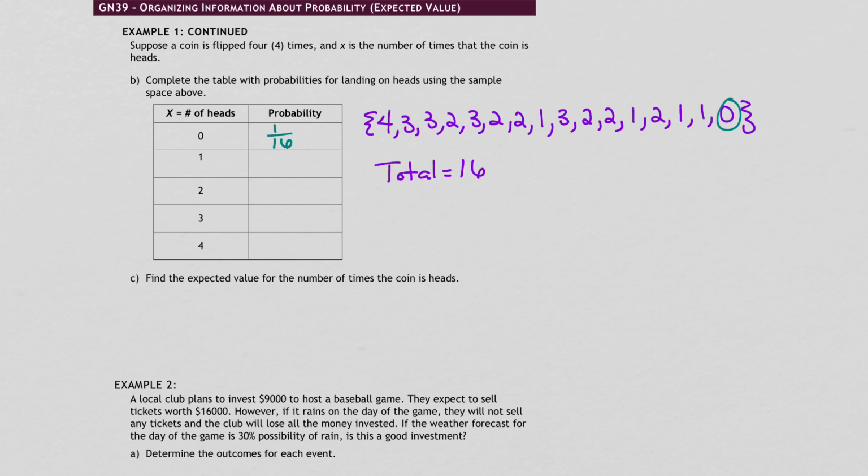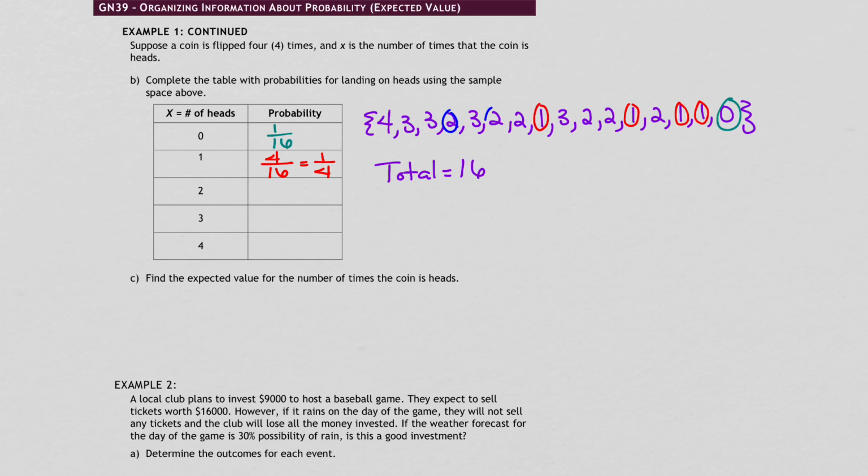The probability of getting 1 head. So there were 1, 2, 3, 4 instances where we had 1 head. So that's 4 in 16, or 1/4. The probability of getting 2 heads.